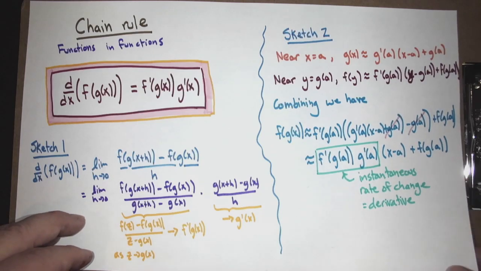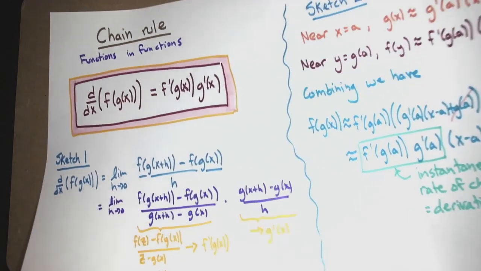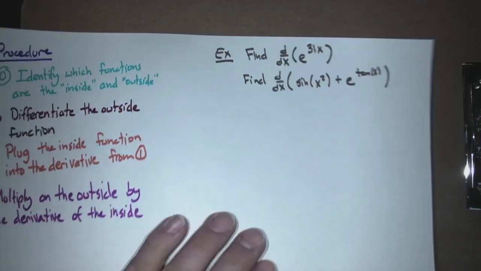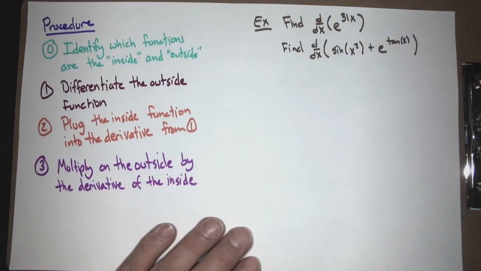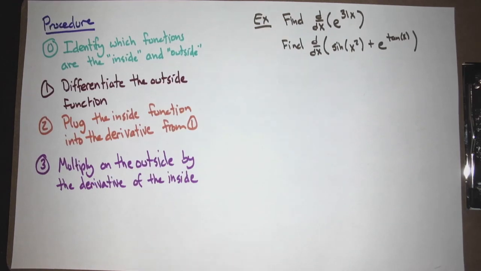But the good news is, you don't have to remember either way to derive it. You just have to know it. So, what's our procedure? Well, step 0. You have to recognize that you have a function in a function. And so to apply this, make sure you understand, hey, do I really need the chain rule?